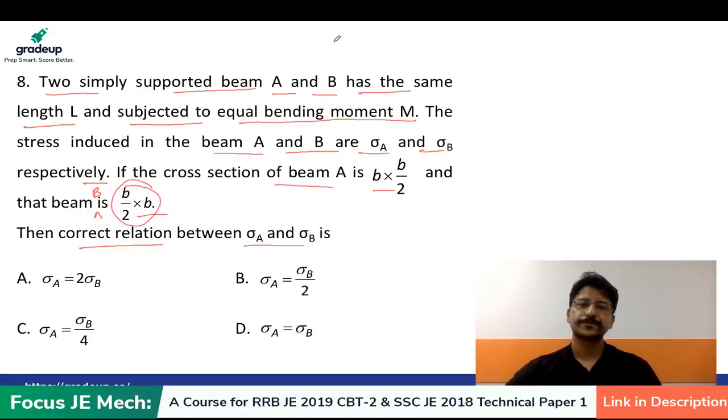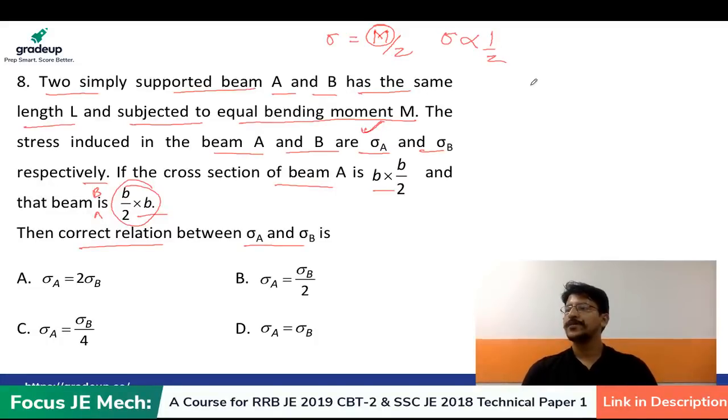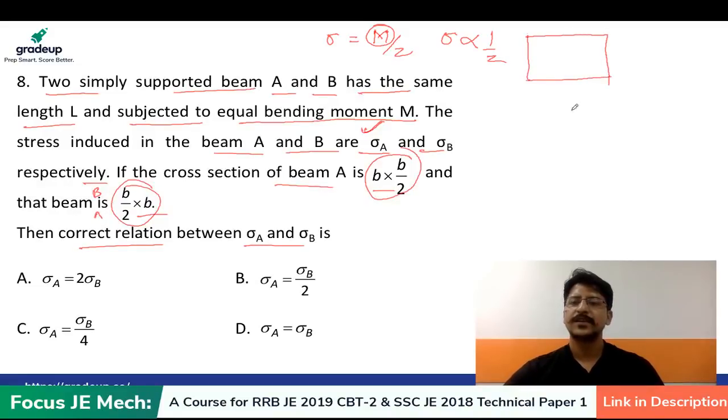You know, stress is equal to M by Z. When M is a constant, because equal bending moment is given, stress will be proportional to 1 by Z. For beam A, the cross section is b into b by 2, with b as the width and b by 2 as the depth.